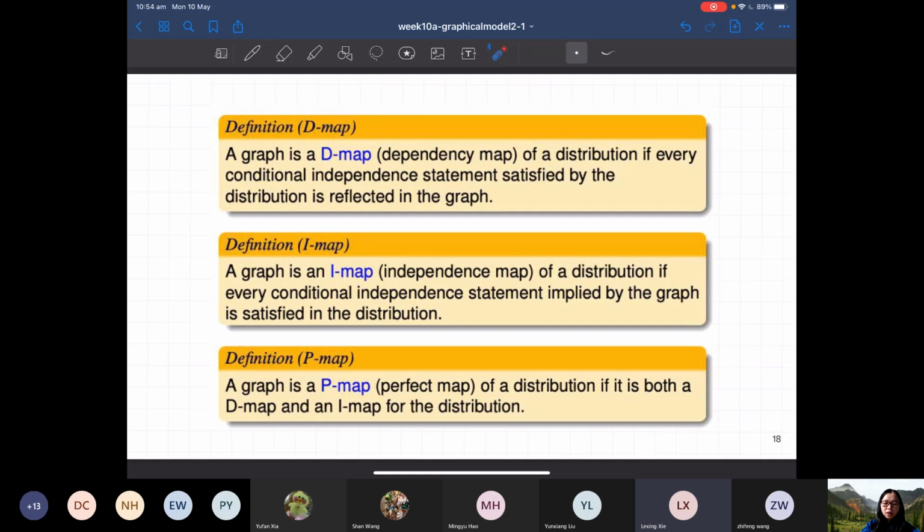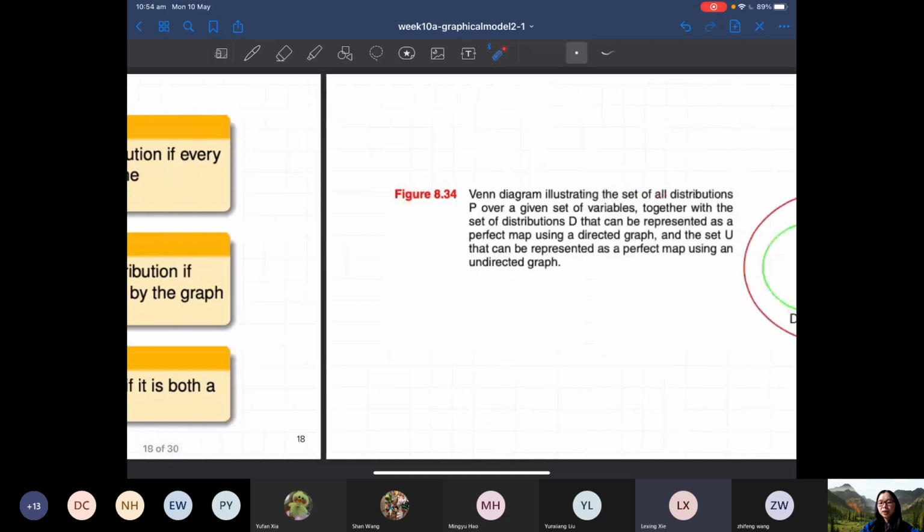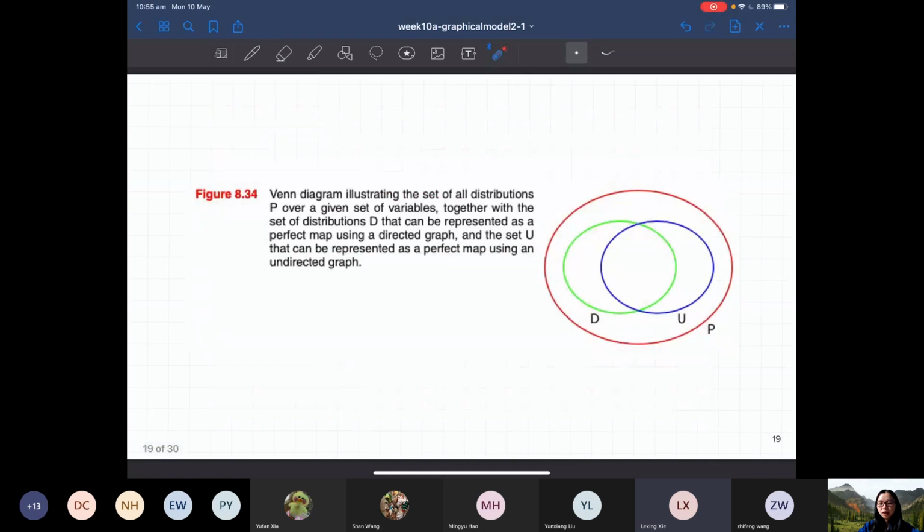Why are we bothering with this? It is because of the following view. I remember someone, Noel, asked essentially why are we bothering with this terminology about conditional independence in distributions and graphs? So maybe this one will help, right?